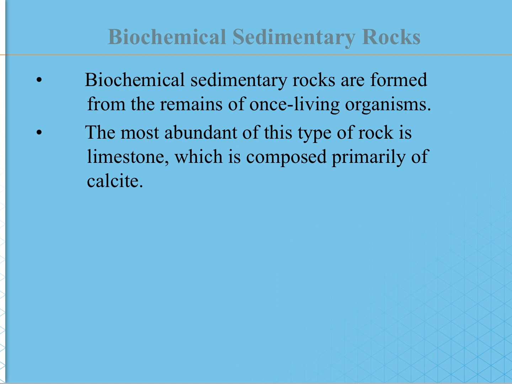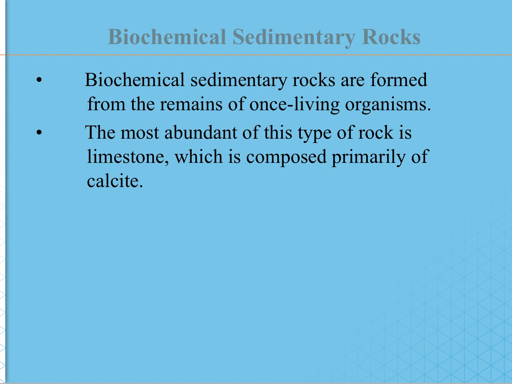And if you think of a coral reef, right, there are secretions that can actually build those corals. But one example there is limestone, composed primarily of calcite. So limestone will dissolve in, or can be dissolved by hydrochloric acid, HCl.